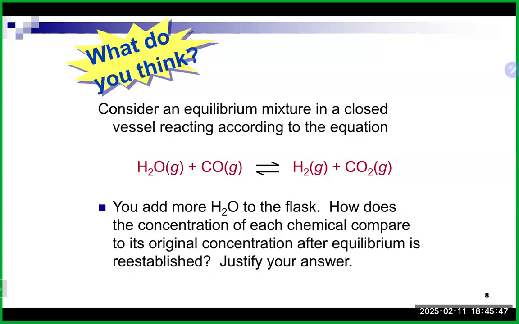Usually that's determined by something like, you might have way more products than reactants, so you probably have to go in the reverse direction to balance it out a little bit. It's the rate and those types of things. So there's a calculation we'll do a little later in this chapter that will answer those questions.